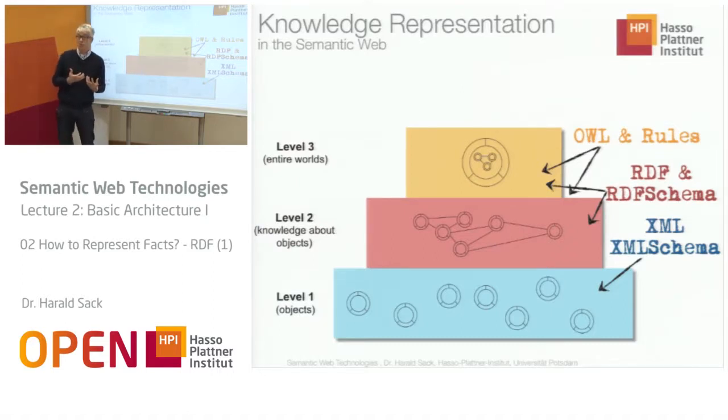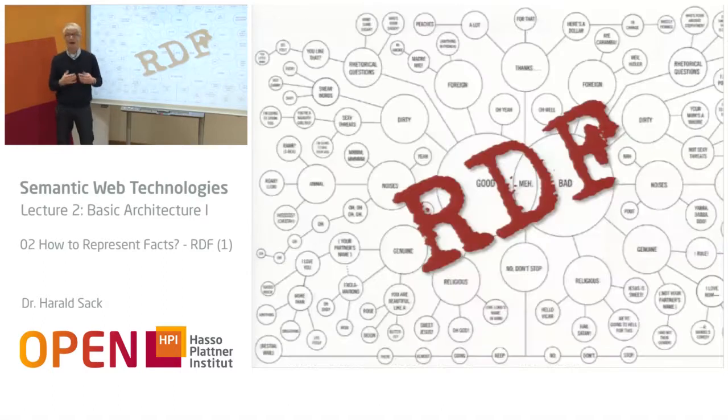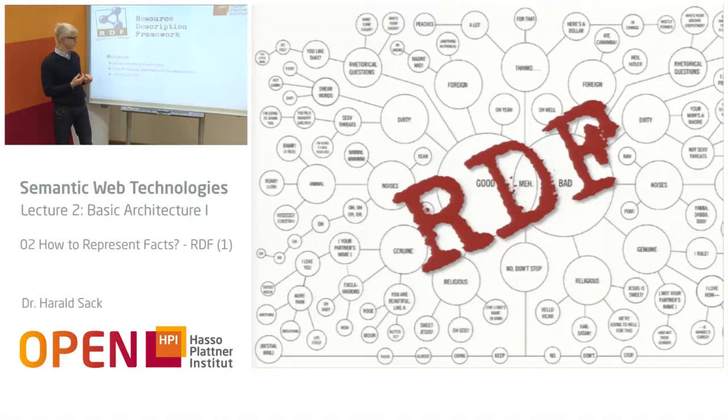And with that, we can formulate axioms that contain knowledge, restrictions, and constraints about these things that we are talking about and that we have defined one level below. So in these 3 steps, we will build up semantic knowledge representation for the semantic web. And first, we start talking about RDF, the Resource Description Framework.